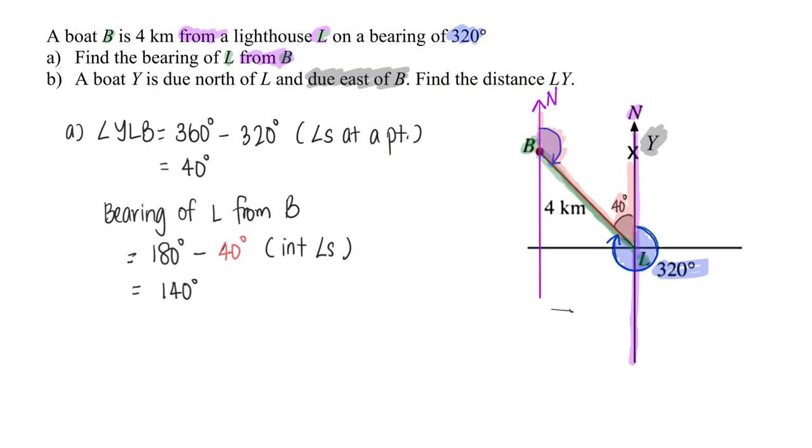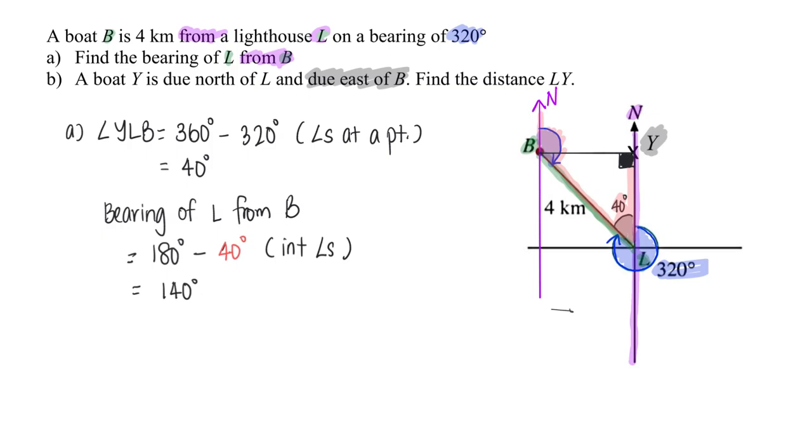Well, this means that if I were to draw a line now, this particular line that I've just drawn will be 90 degrees, because east and north, east, south, west are all 90 degrees to each other.